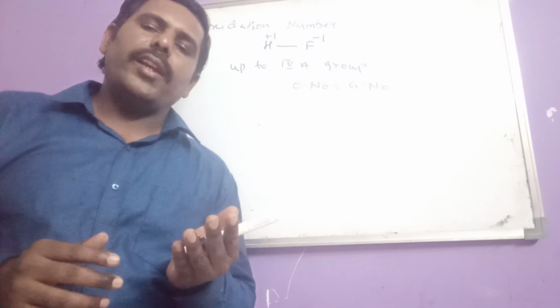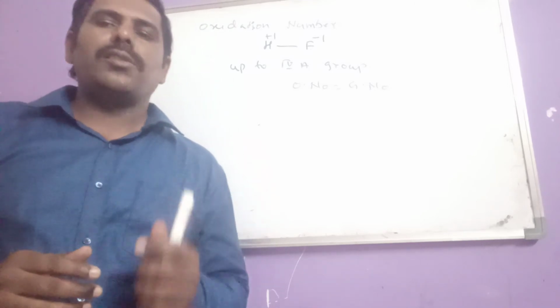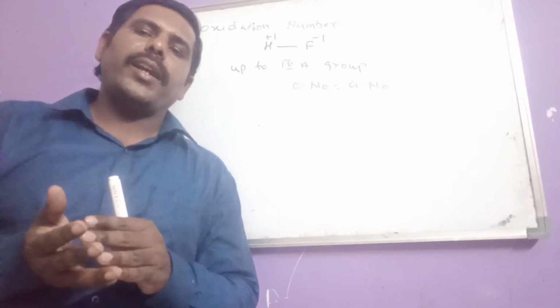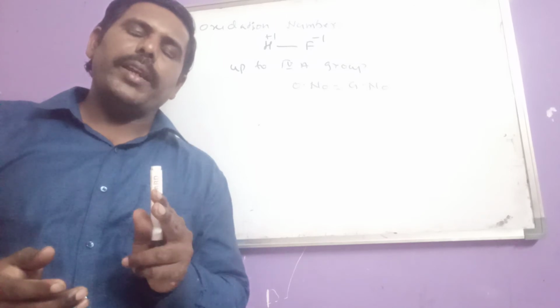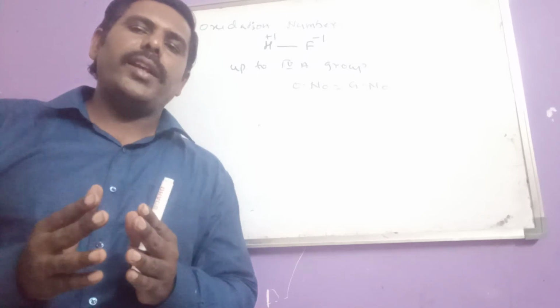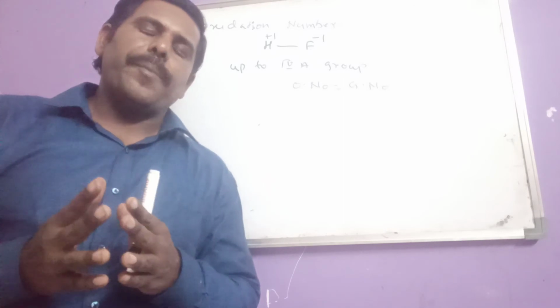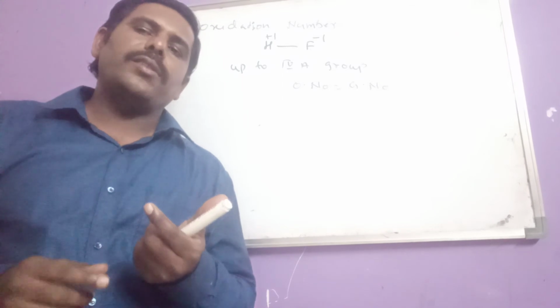For all third A group elements, +3. For all fourth A group elements, +4. For example, calcium, as it belongs to second A group, its oxidation number is +2. Aluminium, as it belongs to third A group, its oxidation number is +3. And potassium, as it belongs to first A group, its oxidation number is +1.